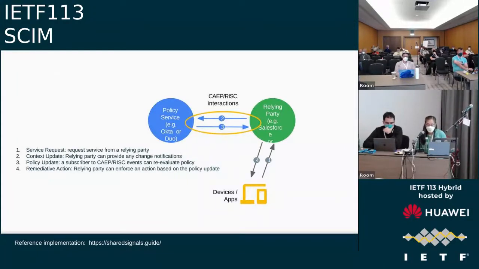The actual meat of getting the event, more like a security event like in CAPE, your authentication token has been revoked, is where that registration and pull happens in steps 2 and 3. That's the shared signals and event work. And then the actual enforcement or remediation action is in step 4. So this is just like the stratospheric view of what SSE does.